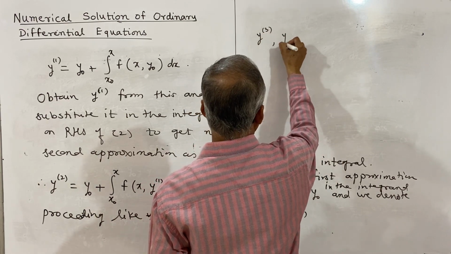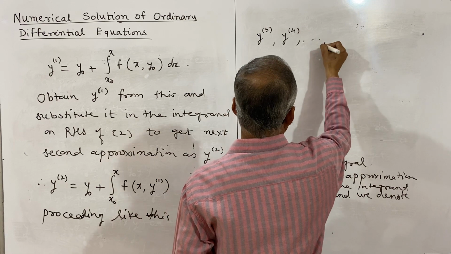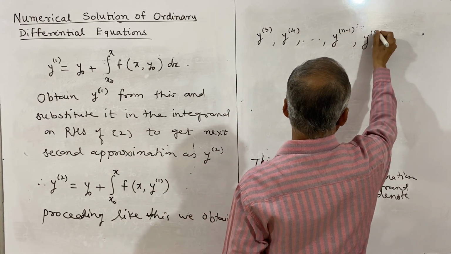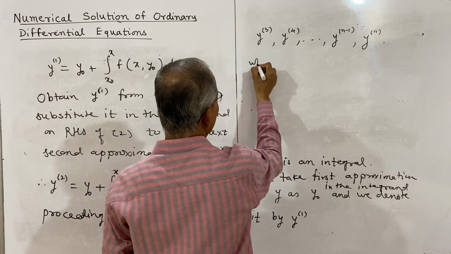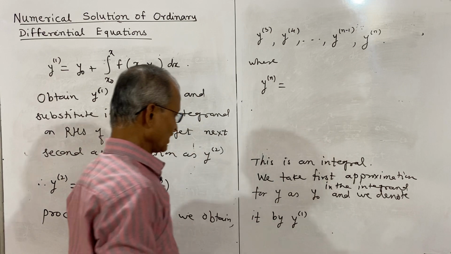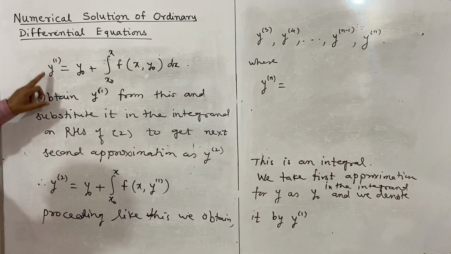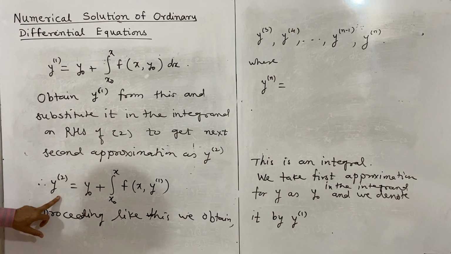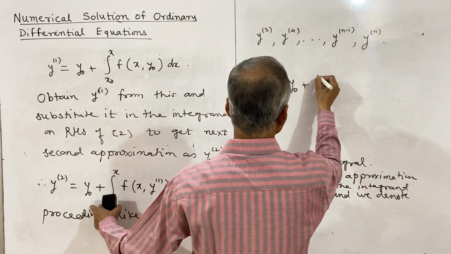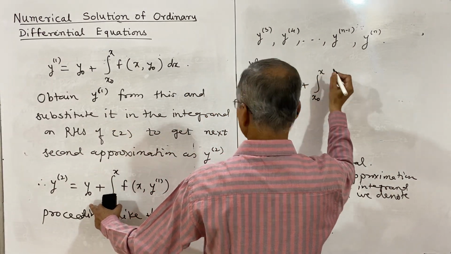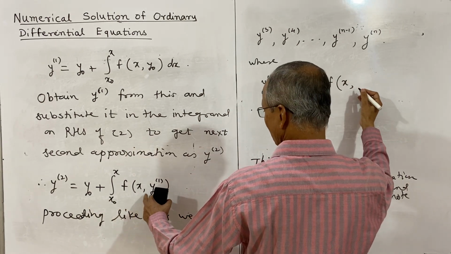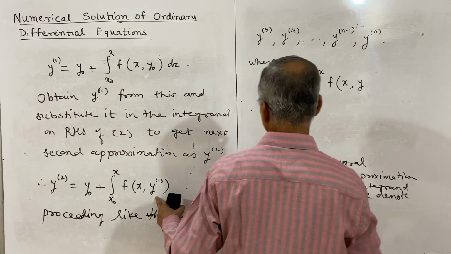Third approximation, fourth approximation, n minus 1th approximation and nth approximation, where what will be the nth approximation? By observation we can decide. So this is first approximation, this is second approximation, and thus the nth approximation will be y naught, which is fixed, plus integral x naught to x, that is also fixed, f is a fixed function, and x, no change in x, only this y changes.